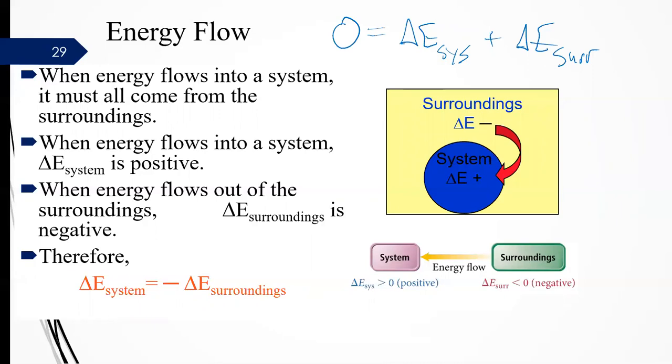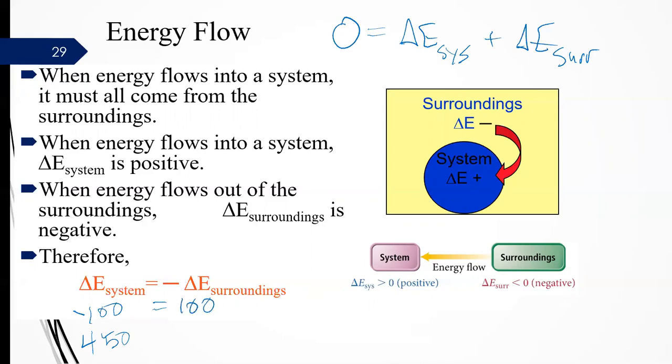So what you're really looking at in this is that no matter what happens, the change in the energy of that system, whatever value we get, whether that's negative 100 or positive 450, the surroundings are going to feel an equal amount of that change, but it's just going to be the opposite sign.